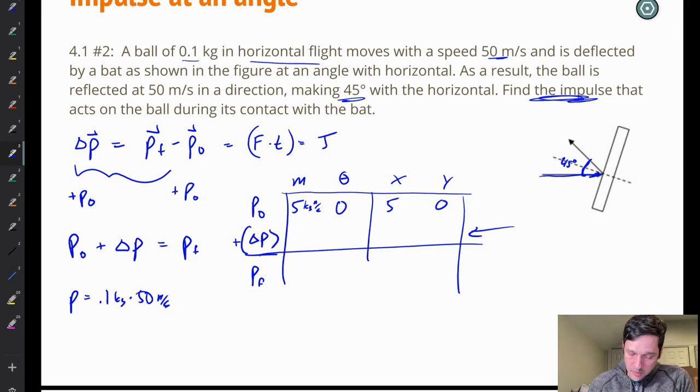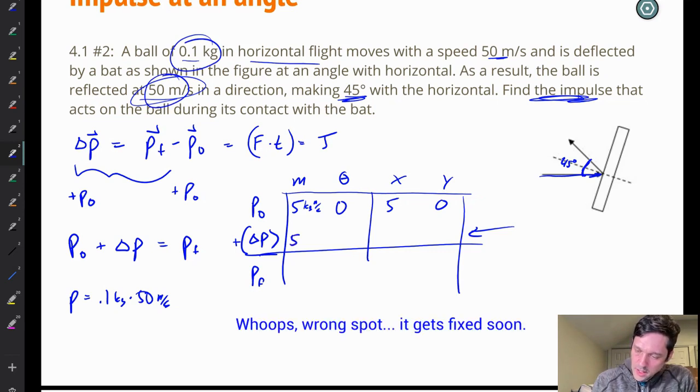As a result of this impulse happening, it is going to be moving at 50 meters per second at 45 degrees. So it's still the same mass, and it's going at the same speed, so it's still going to have the same magnitude of momentum, 5. But now it's going at this angle, which I will define relative to the positive x-axis, so that would be 135 degrees.